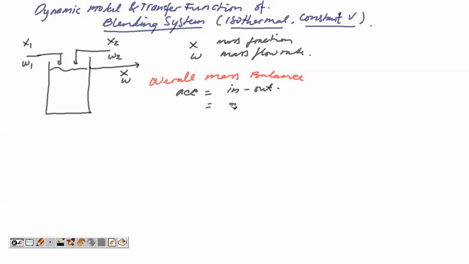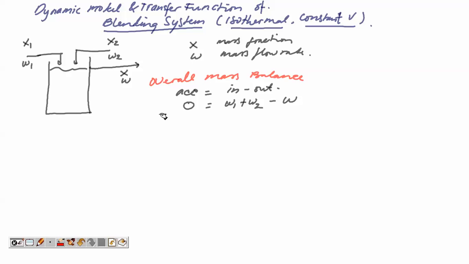Here the input is W1 plus W2, and the output is W. Remember that this is mass flow rate, so we do not need to multiply by rho. For the overall mass balance, the mass flow rate in is always the same as the mass flow rate out, because the volume is constant, meaning the accumulation is 0.